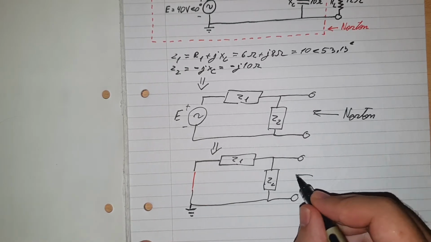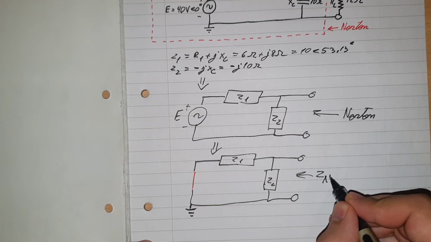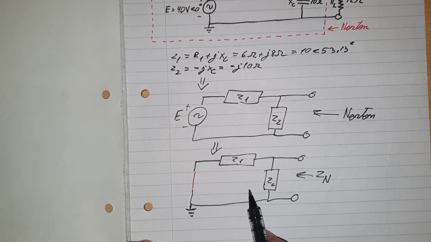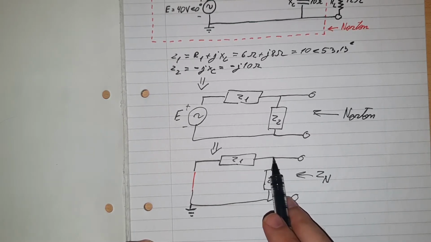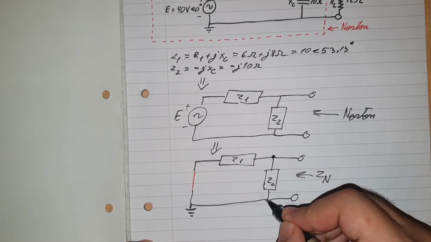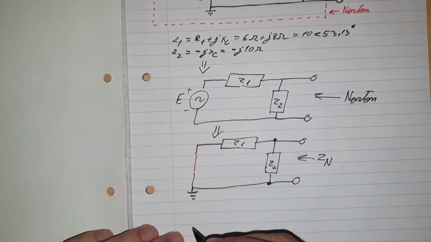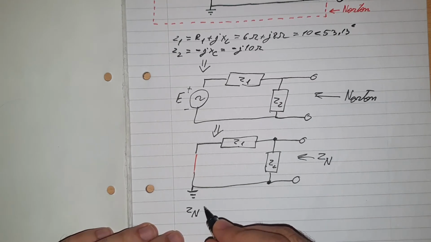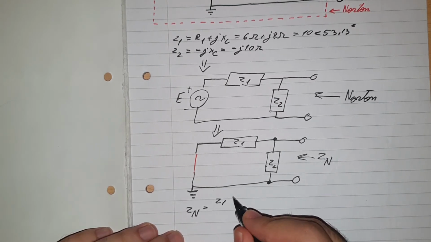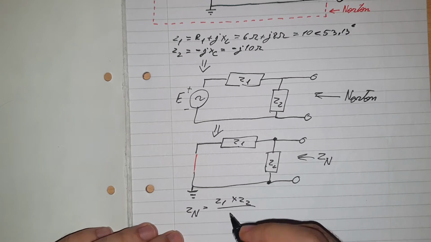Alright, and we need to find the value for Zn. Now, how do we find the value? There's a junction in here, so Z1 and Z2 are in parallel. Therefore Zn would be equal to Z1 multiplied by Z2, divided by Z1 plus Z2.